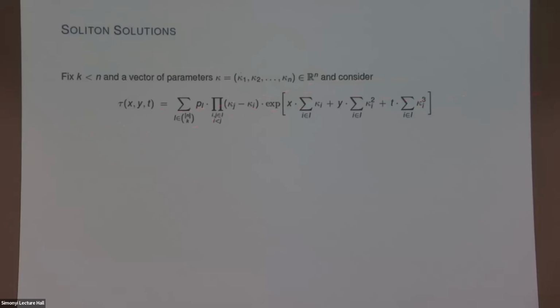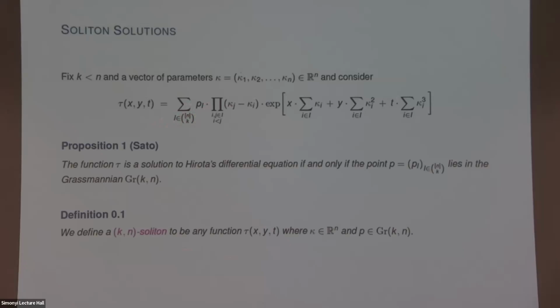Most of this stuff isn't important for this talk. What we care about are these P_I. So they're indexed by subsets of size k of 1 through n. And Sato showed that functions of this form are solutions to Hirota's differential equation, and therefore give solutions to the KP equation, if and only if the P_I are actually Plücker coordinates.